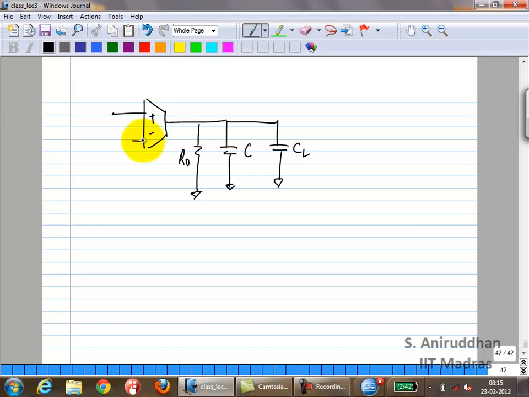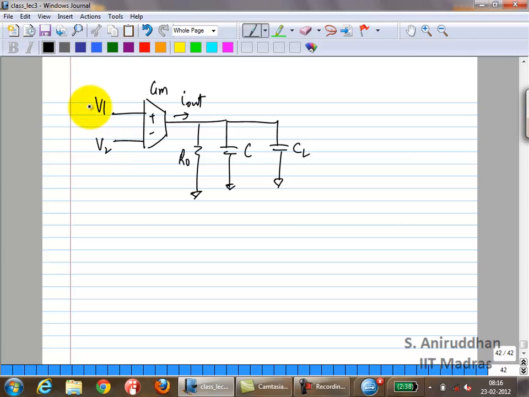Okay. And this is your, so I'll call this V1, V2. Okay? So now if you had to come up with an architecture for this GM stage, what would it look like? Just the GM stage alone.